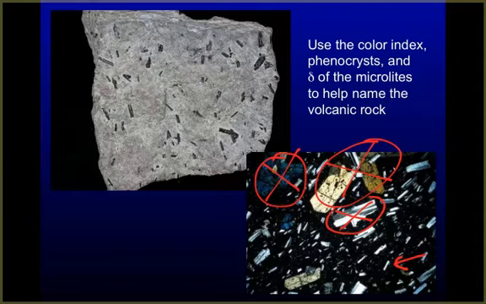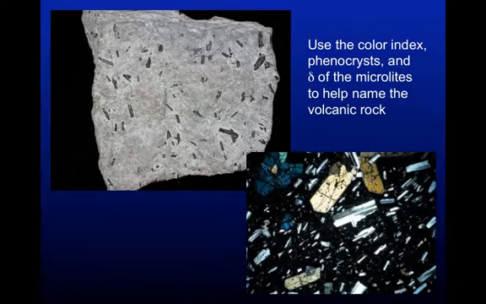Probably it's a feldspar. If you were to see a smaller version of this pyroxene, that's too large, that's very easy to see, but you might be able to see very small microlites that have a second order birefringence. That's going to help you identify the rock. It's somewhat of a guessing game, but it's an informed guess.